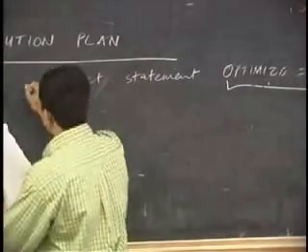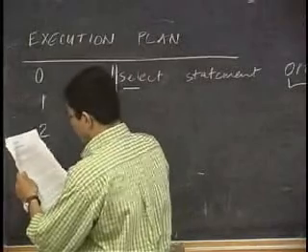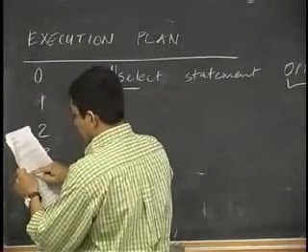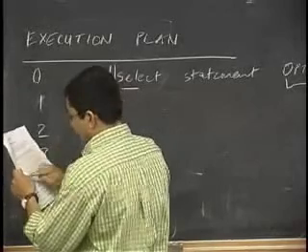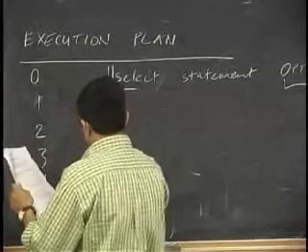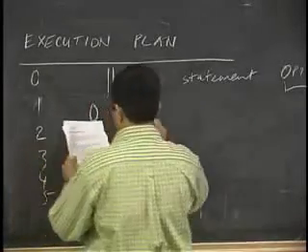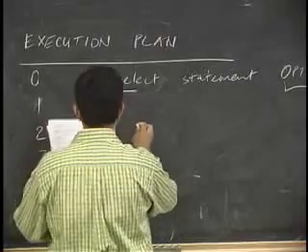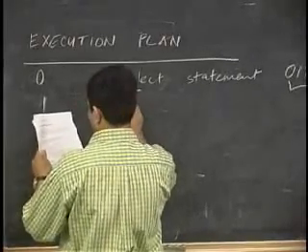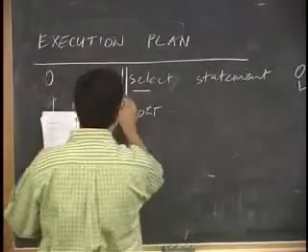So there is 0, 1, 2, 3, 4. Then the parent is 0, then 1, 2, 3, 2, and then 0, and then you have a sort here.